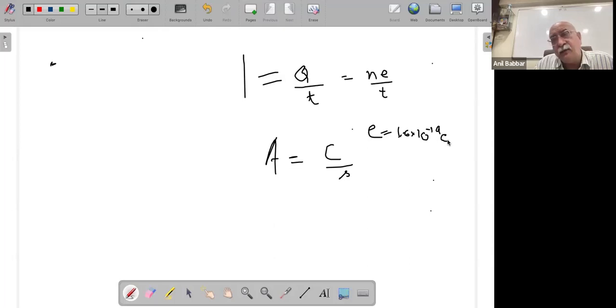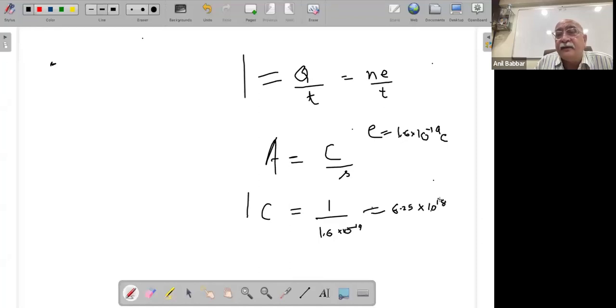And if we are asked how many electrons can be there in 1 coulomb of charge, we can simply find out by dividing 1 by the charge of 1 electron, that is 1 divided by 1.6 into 10 to the power minus 19, which gives 6.25 into 10 to the power 18 electrons.